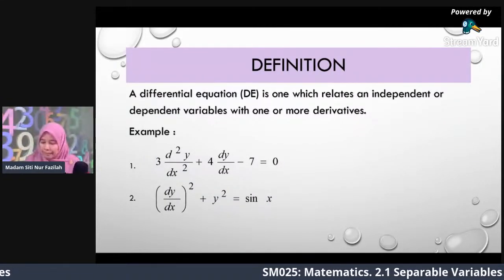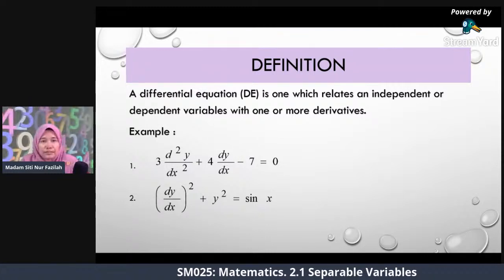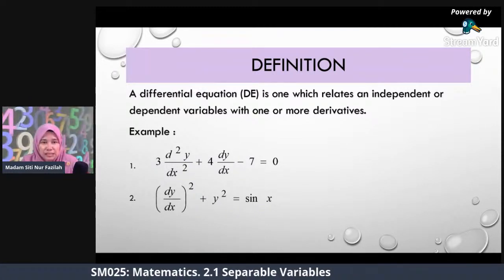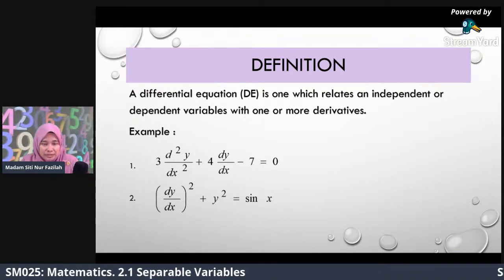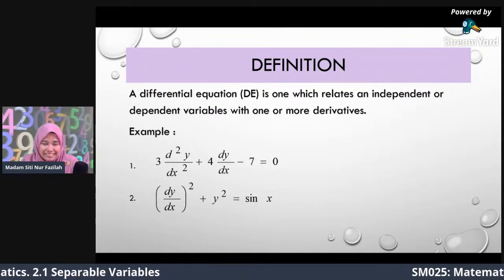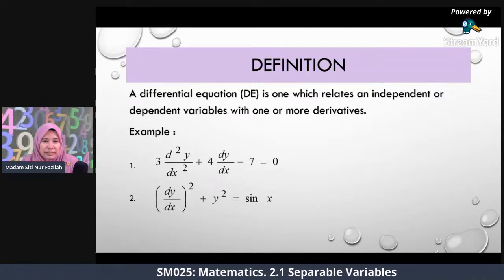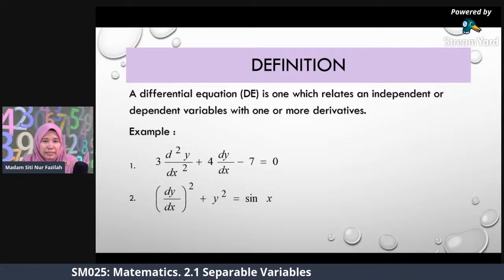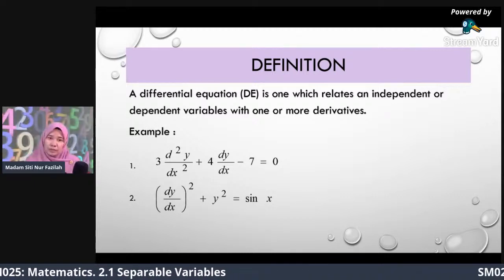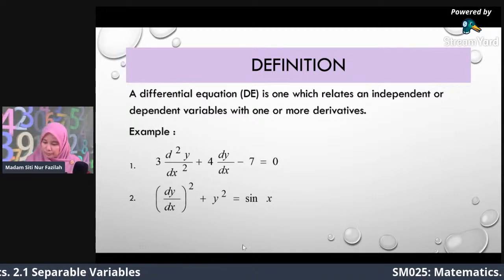We have a definition for DE. A differential equation, or short form DE, is one which relates an independent or dependent variable with one or more derivatives.